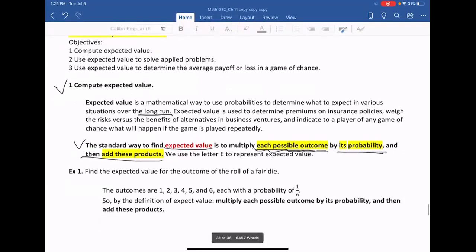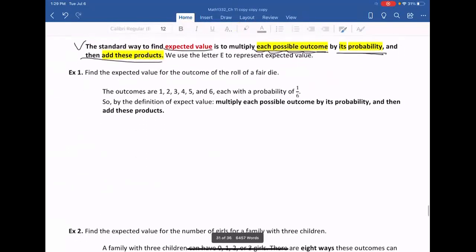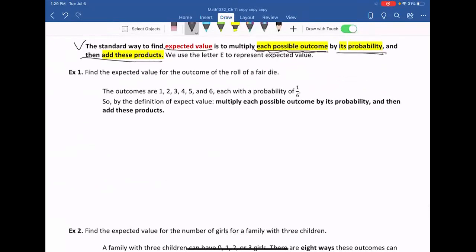In example 1, find the expected value for the outcome of a roll of a fair die. The sample space of rolling a fair die is 1, 2, 3, 4, 5, 6.